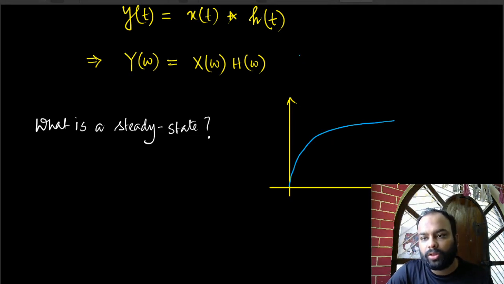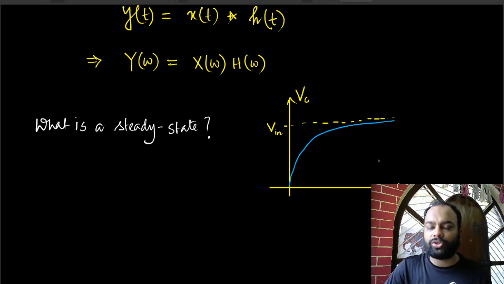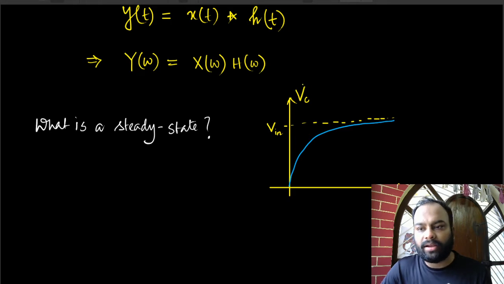If you recall, as time goes on, if I let time go on forever, this voltage will become equal to the voltage that appears in the input. This is the voltage across the capacitor, and this is the input voltage.